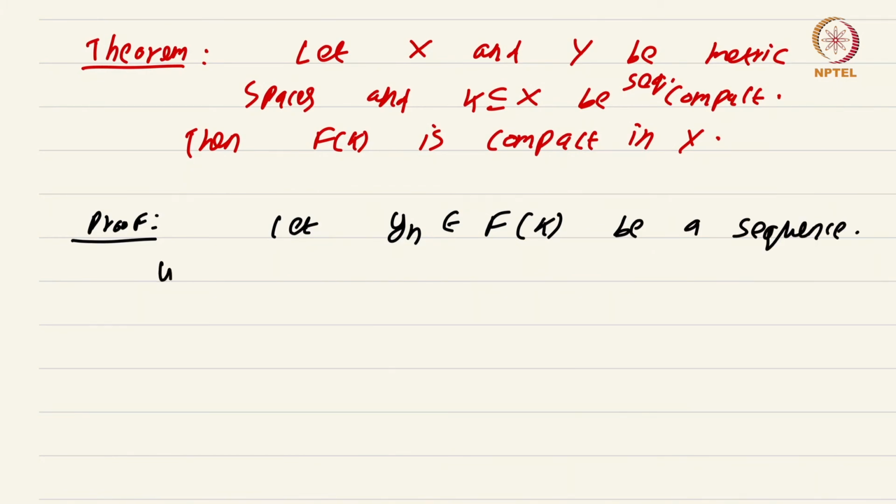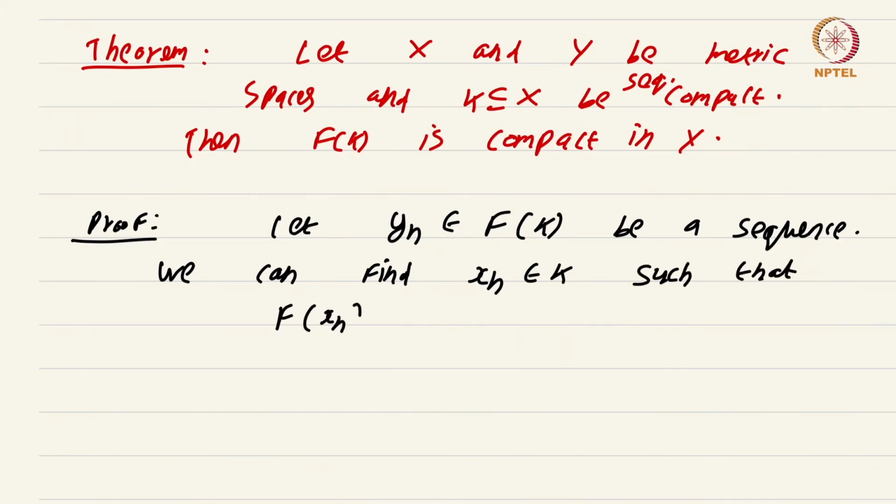Then we can find Xn in K such that f of Xn is equal to Yn. Because these Yns are all coming from the image of the set K, we can find pre-images Xn. These are not unique, we can find some Xn.